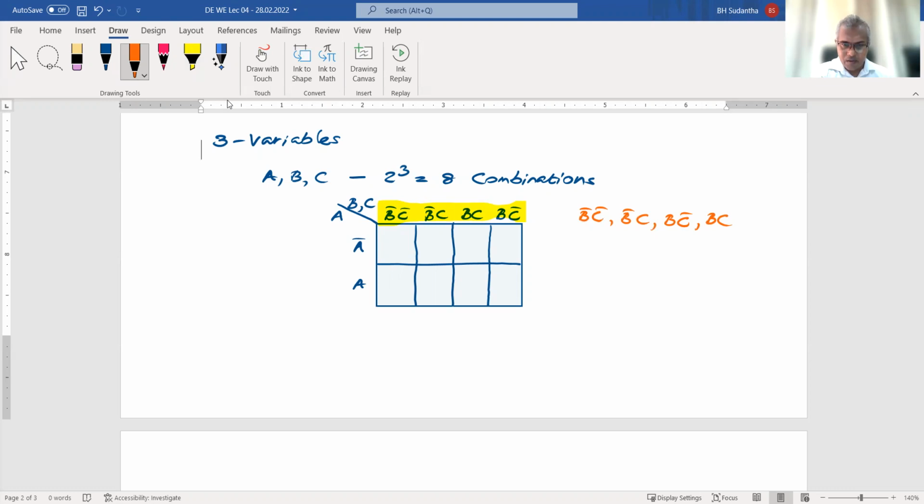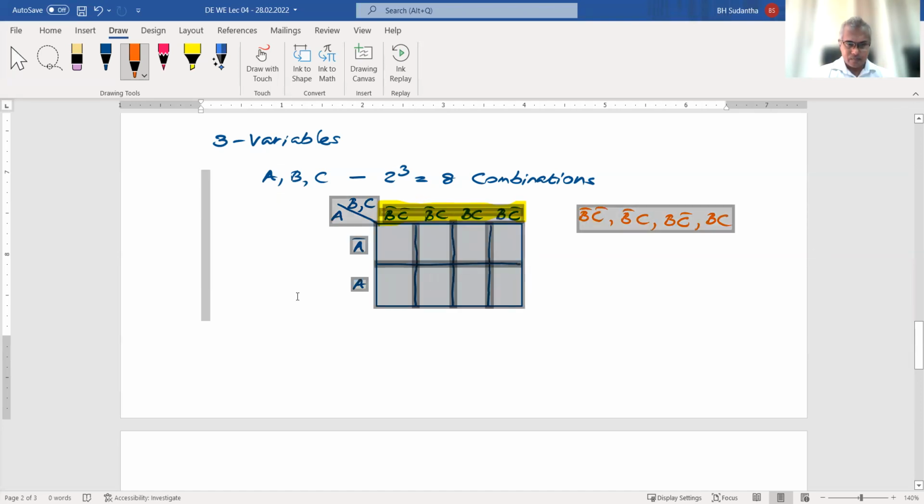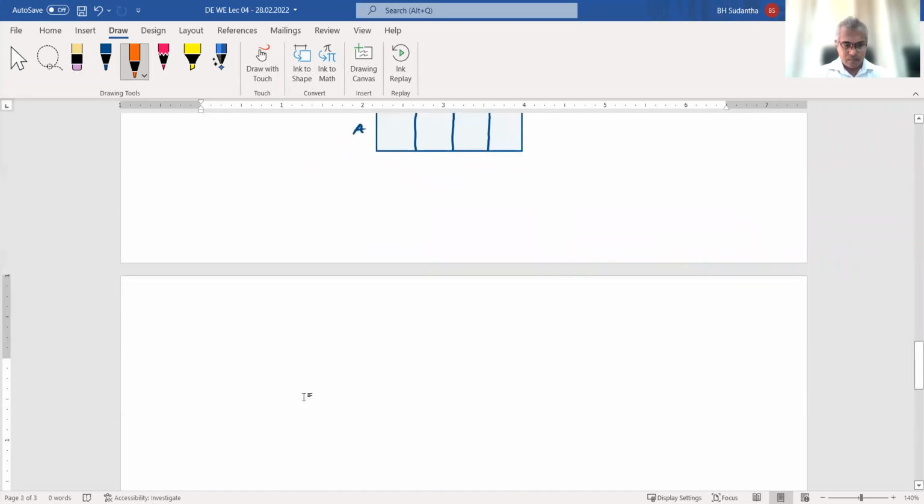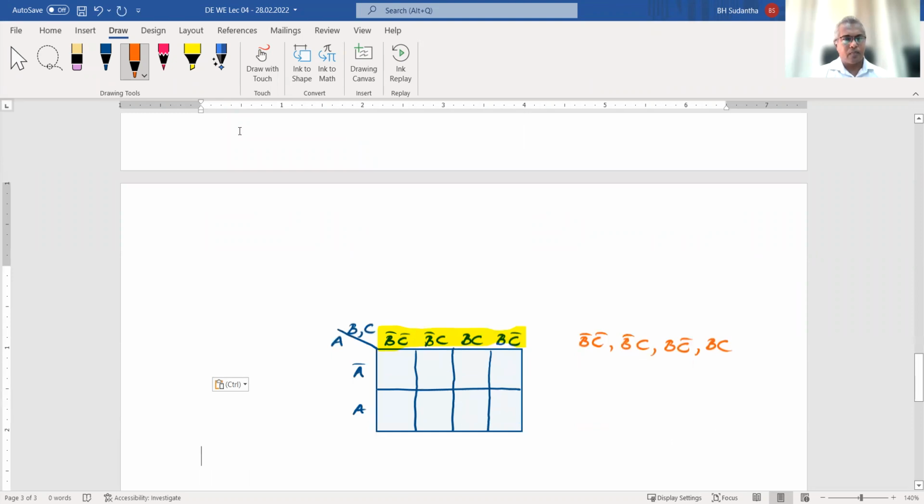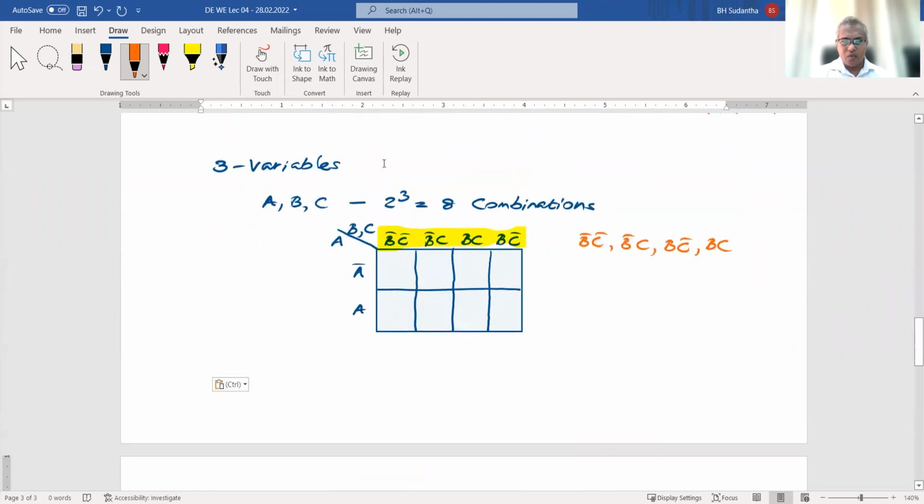Why? Because that is the second rule of the Karnaugh map.